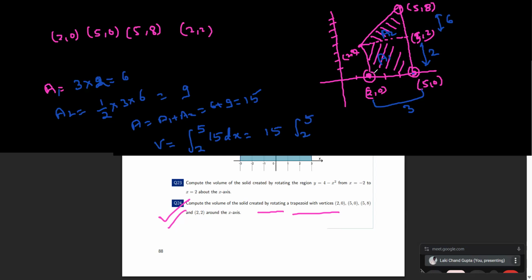Because you are rotating, let's suppose you are rotating along this, so it is moving from 2 to 5, right?